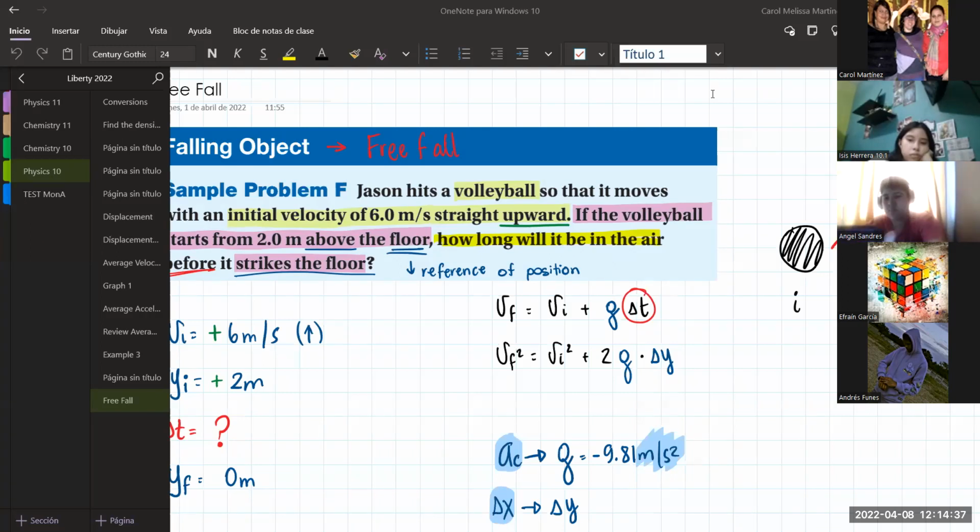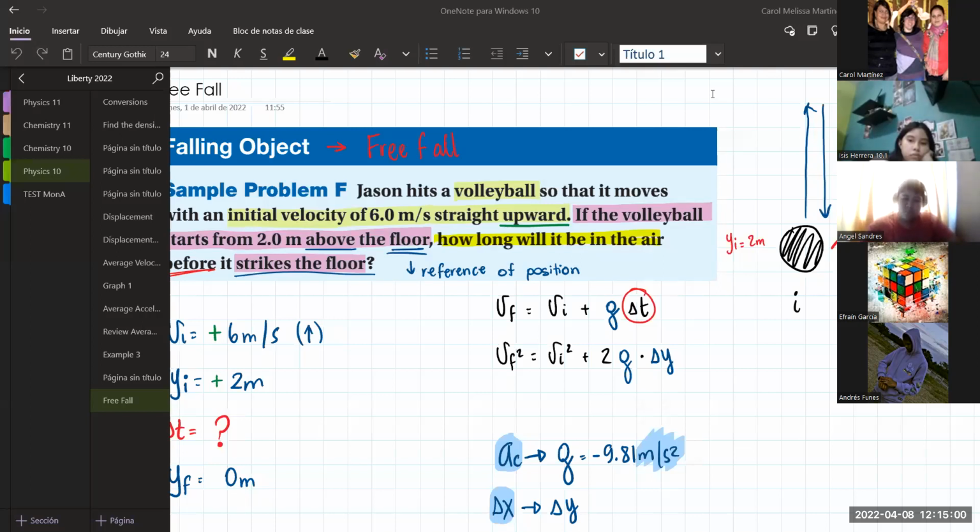We know that this volleyball is at an initial position of 2 meters. How long will it be in the air? If it hits the ball, this ball is going to move straight upward, but then it's going to return.